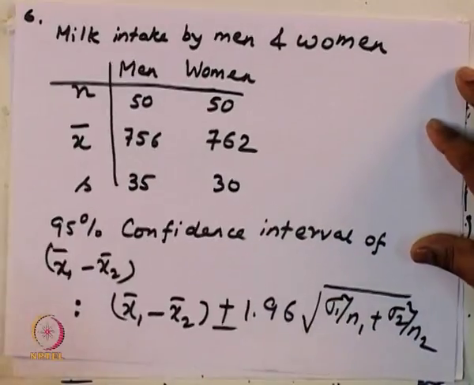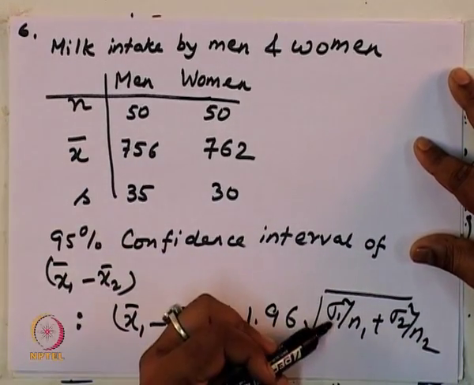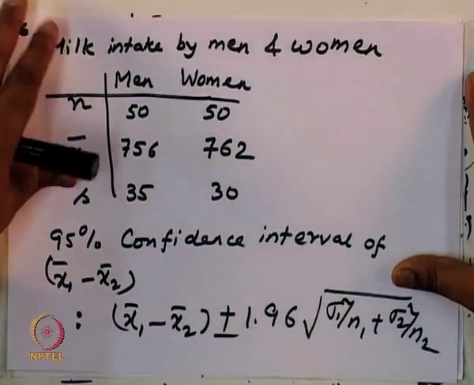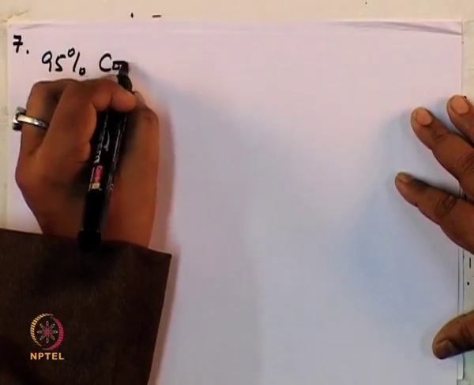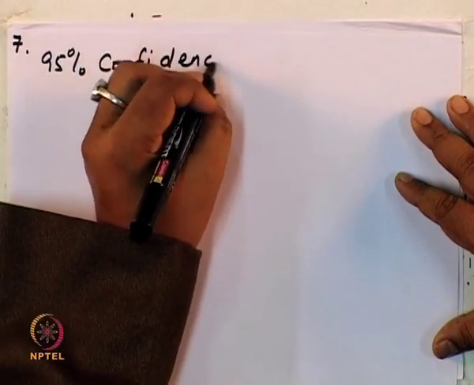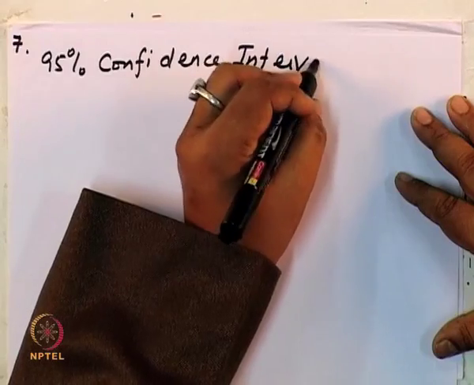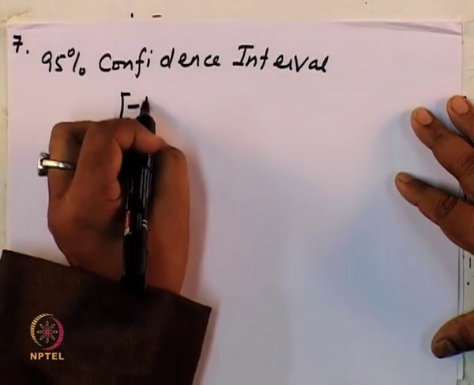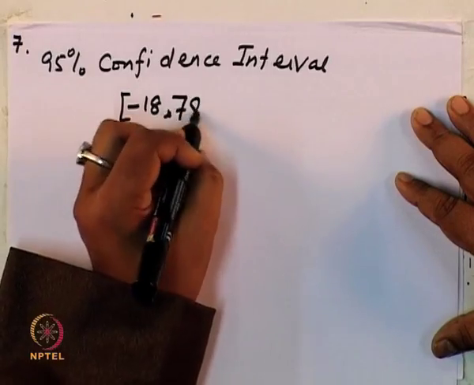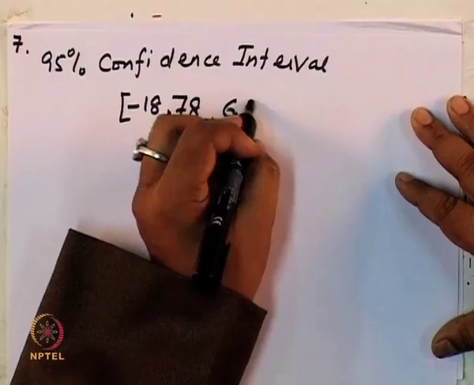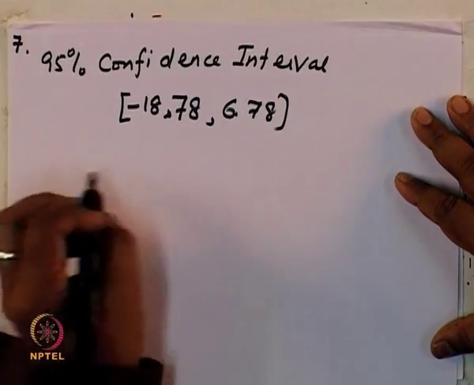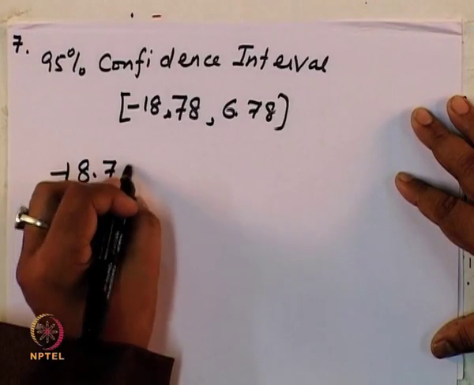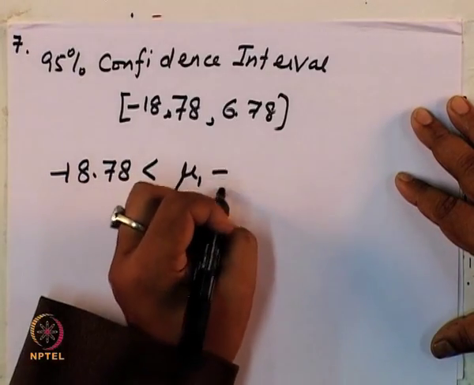Since you are provided the standard deviation for the sample, instead of sigma you can use the sample standard deviations, and what you get out of it is, this 95% confidence interval turns out to be minus 18.78 and 6.78.